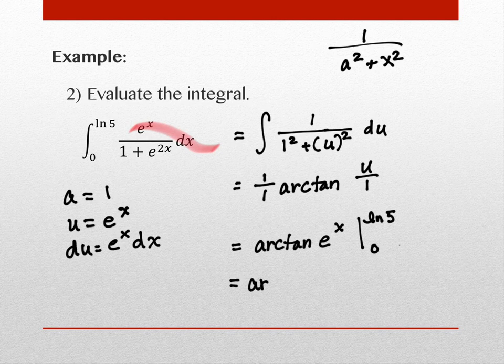So now I have the arctangent of e to the natural log of 5 minus the arctangent of e to the 0. Now, when we plug these numbers in, sometimes they're not going to simplify, and sometimes they are. And you really need to figure out when that happens and when it doesn't. And your calculator is not always all that helpful. Okay, so remember, arctangent of values is giving us angles, right?